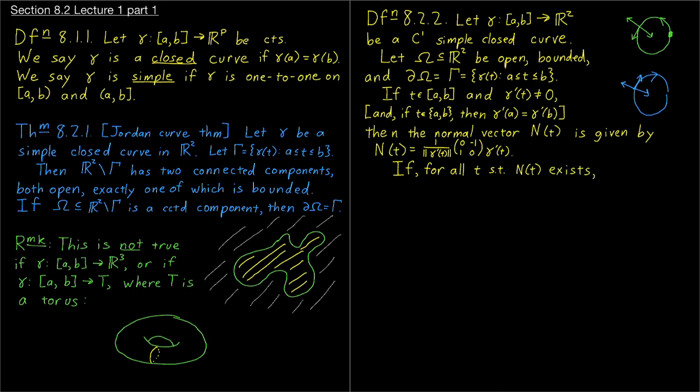If for every point where we have a normal vector, that is, every point where gamma is not just stopping for a minute, we have that a small constant times the normal vector has to stay in omega.